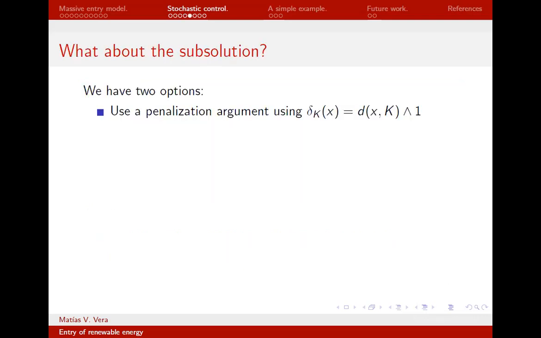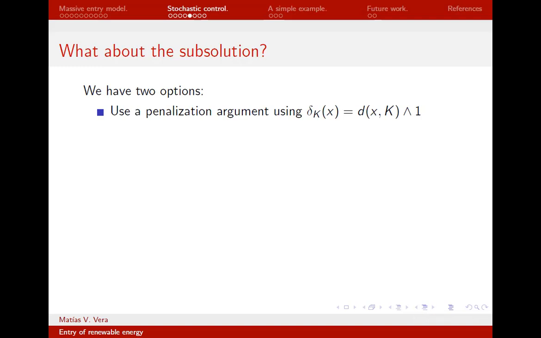For instance, the difficult part is the subsolution property. To prove the subsolution property, we thought about two options. The first one is to use a penalization algorithm using this delta function, which is a penalization for going outside the set. With this, one wants to obtain a control that stays in the set, but does not have such a different value from the penalized unconstrained problem.